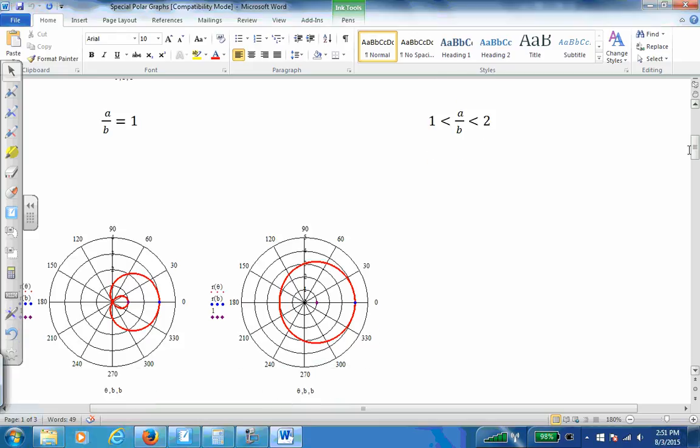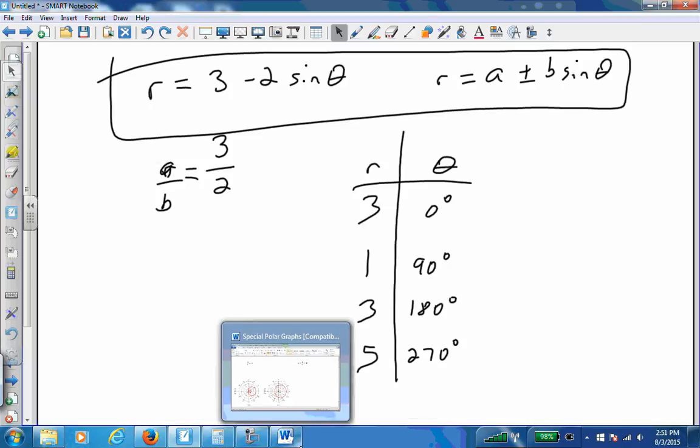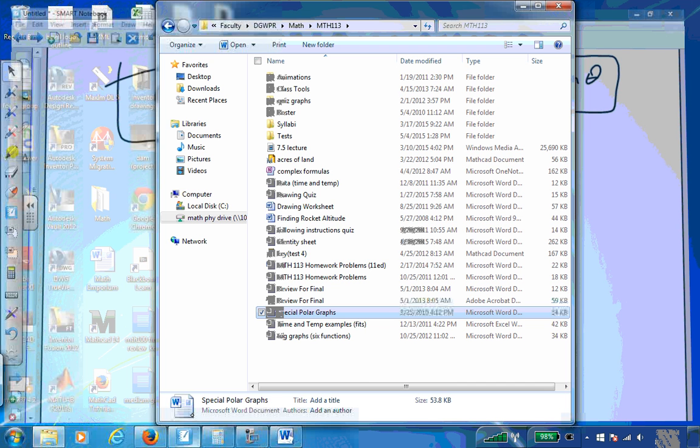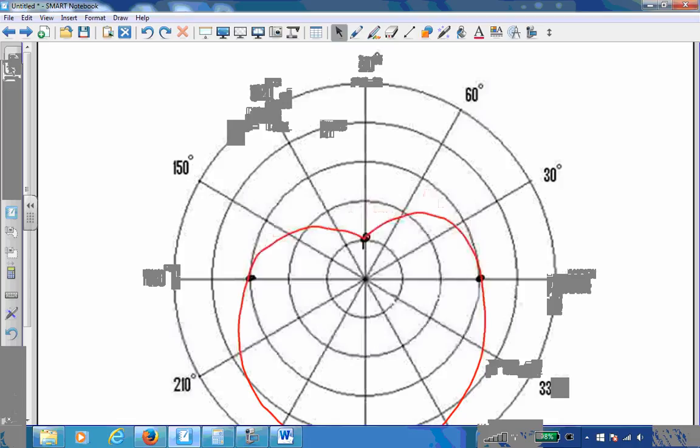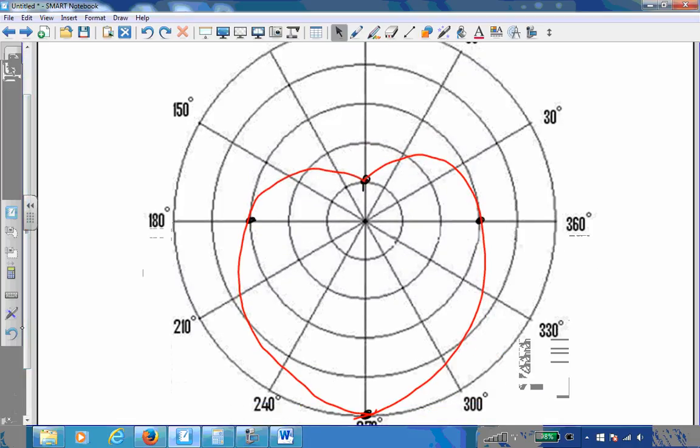It just depends. I mean, it could be just a graphic. So after you figure out A over B, you'll make a table of these 4 points, and those 4 points will give you enough information once you plot them, and you know the general shape of it, that'll tell you which way it's turned.